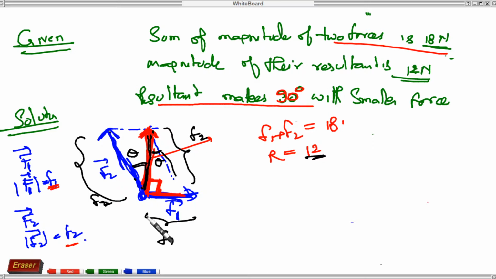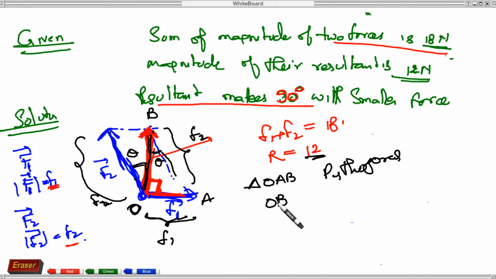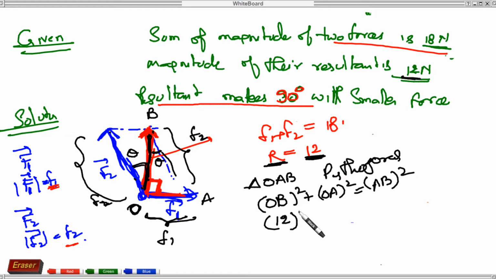I'm going to label this O, this A, this B. In triangle OAB, by Pythagoras, OB squared plus OA squared is equal to AB squared. The resultant OB is 12, OA is F1, and AB is F2.